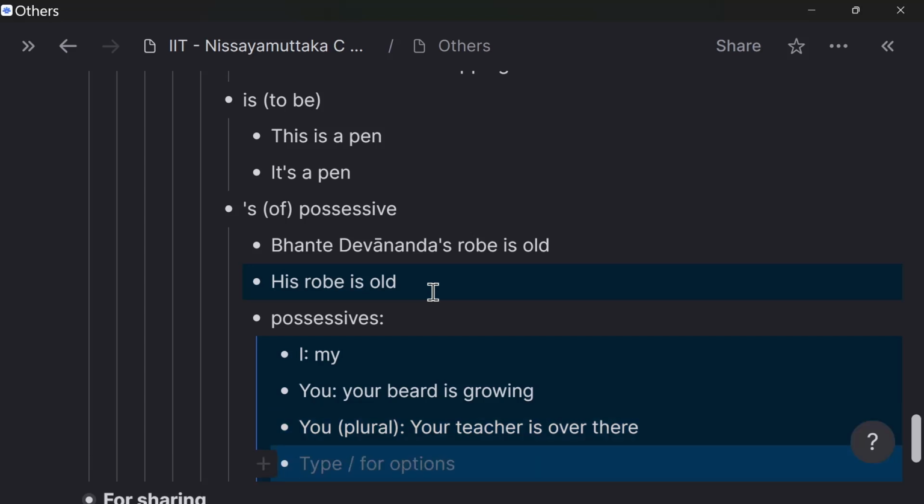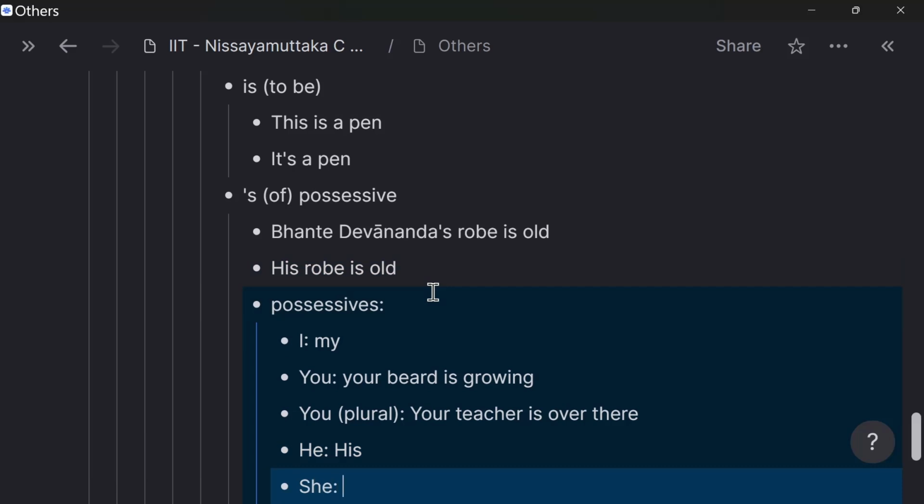How do we say, for example, he? What is the possessive? His. Like, for example, his robe, right? Okay. What about she? What is the possessive?